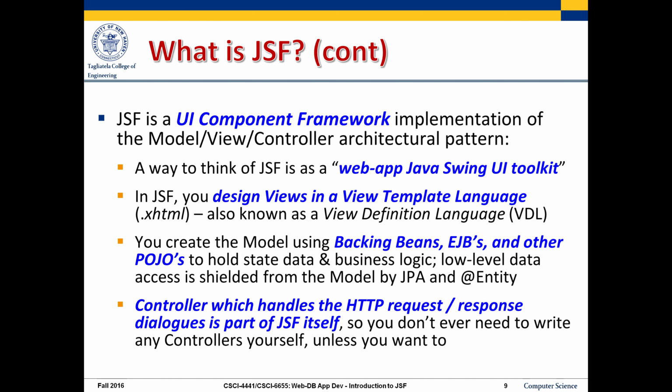That is defining the current state of the world for that particular user. And then of course the Faces servlet, its other function, besides asking the model to update itself, is to then pick a view to render the current state of the model.